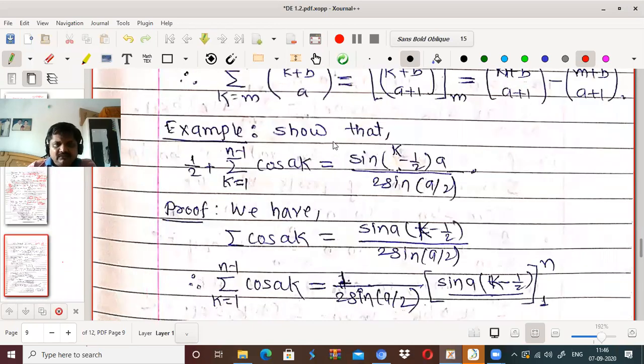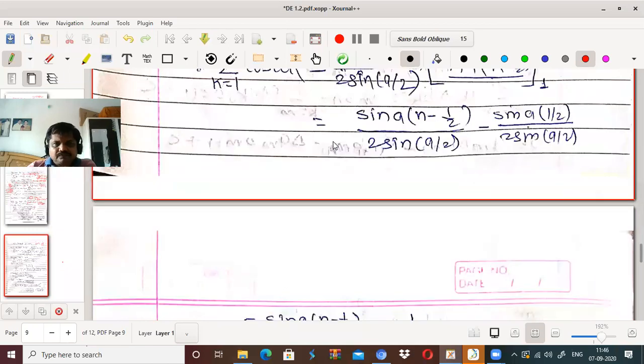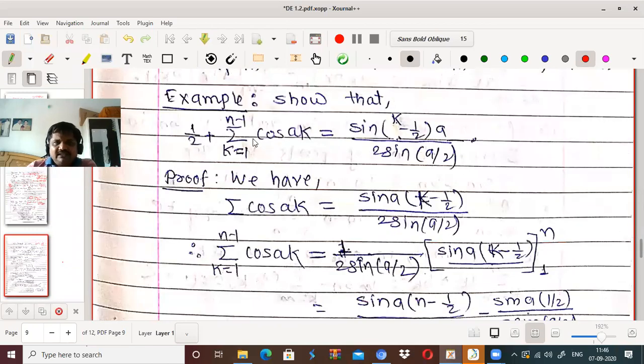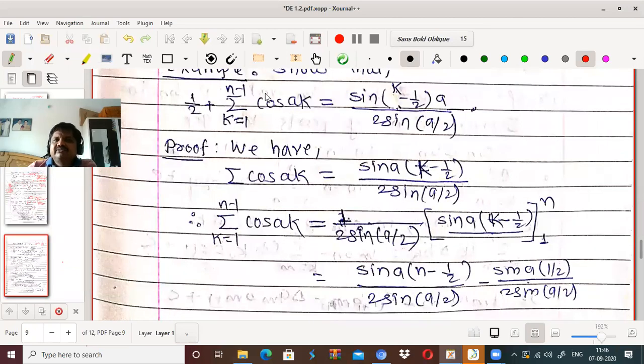So it is just an application of the formula of definite and indefinite summation. We have this one example also. Show that 1/2 plus the summation from k equals 1 to n minus 1 of cos(ak) equals sin(a(n minus 1/2)) upon 2 sin(a/2). Again, we have to use the relation between definite and indefinite summation.